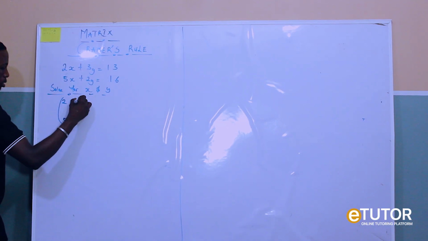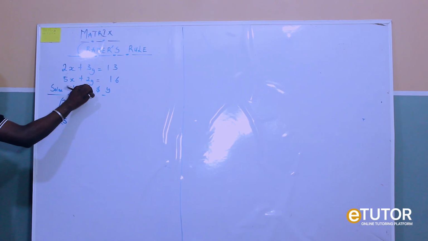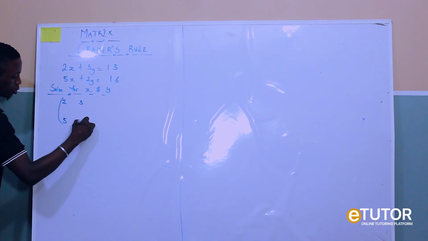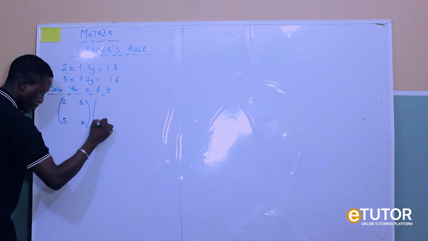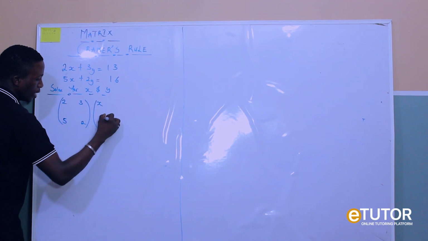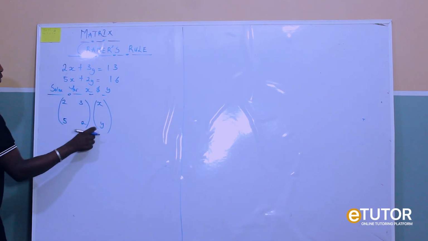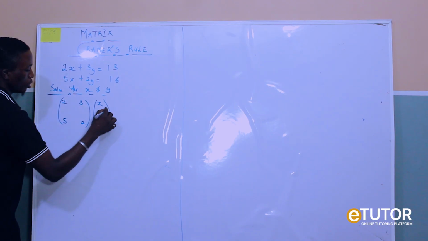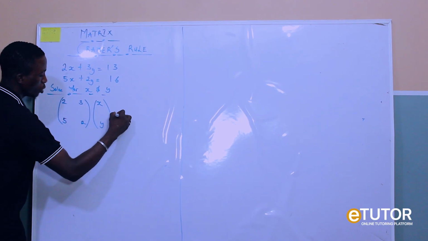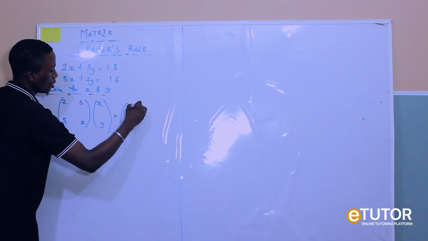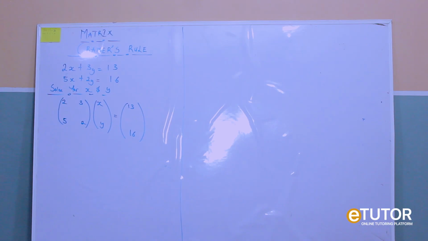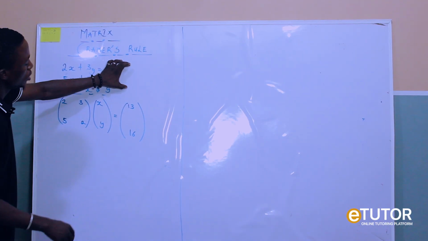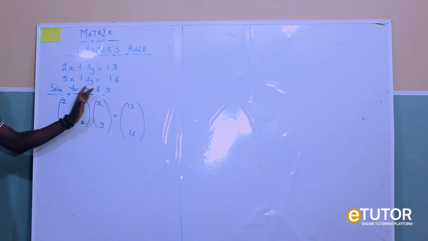The coefficient of y here is 3, while the coefficient of y here is 2. Now you have converted this into a matrix. Beside it you have your x and your y. If you multiply this together, you're going to get your equations back. So using the method of multiplication, equals 13 and 16. So we have successfully converted our equation into matrices.